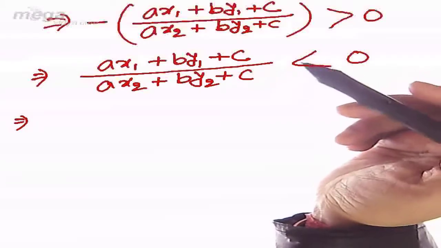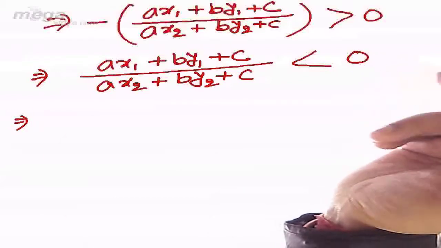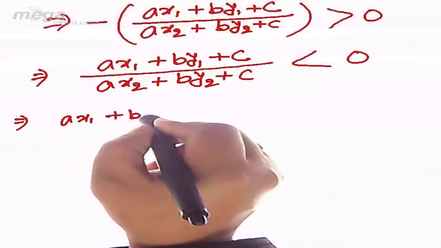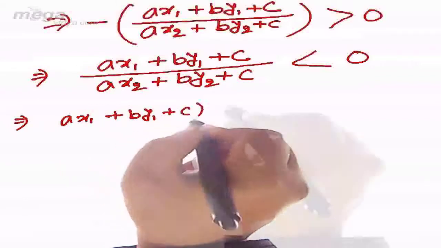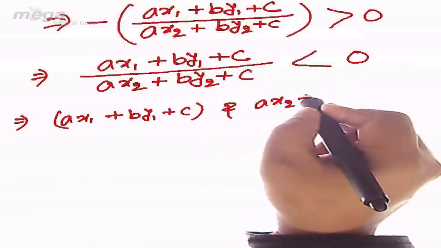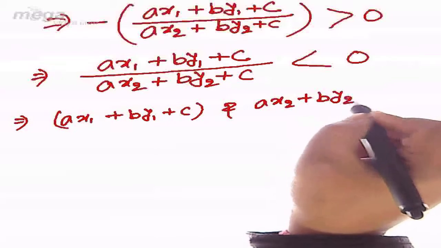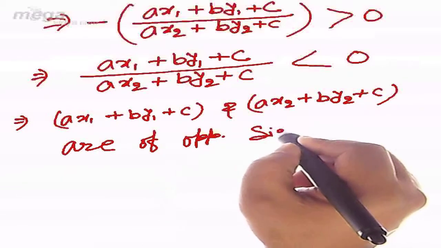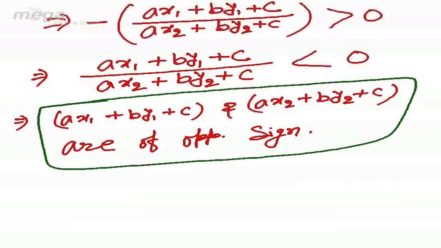One should be positive and one should be negative. So from here we can conclude ax1 plus by1 plus c and ax2 plus by2 plus c are of opposite sign. This is the conclusion we get when R divides the line segment PQ internally.